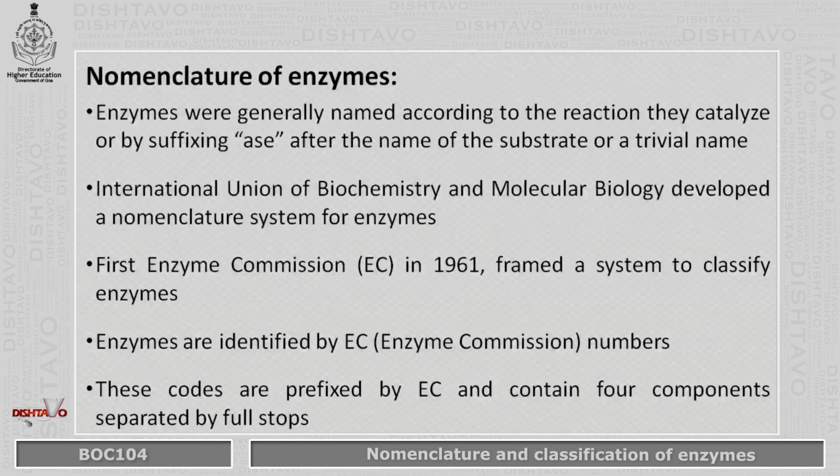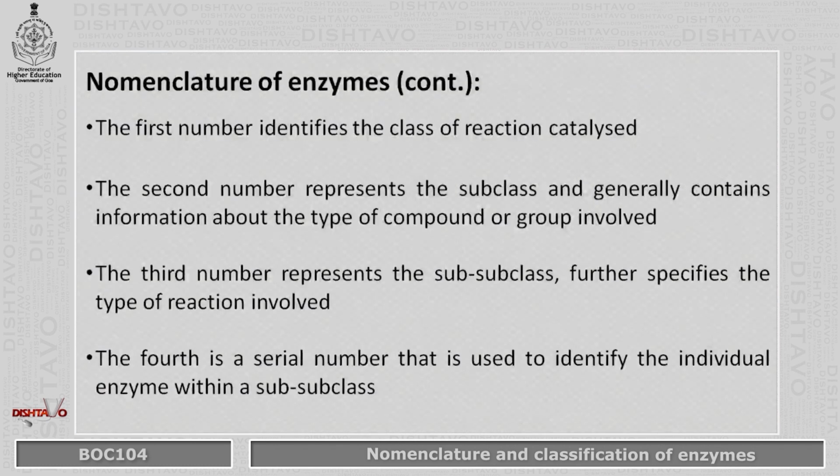Enzymes are identified by an EC number, and these numbers are prefixed by EC and contain 4 components separated by full stops. The first number of the code identifies the class of reaction catalyzed.